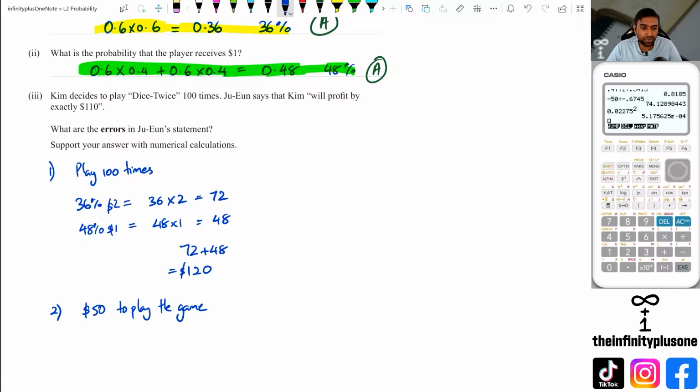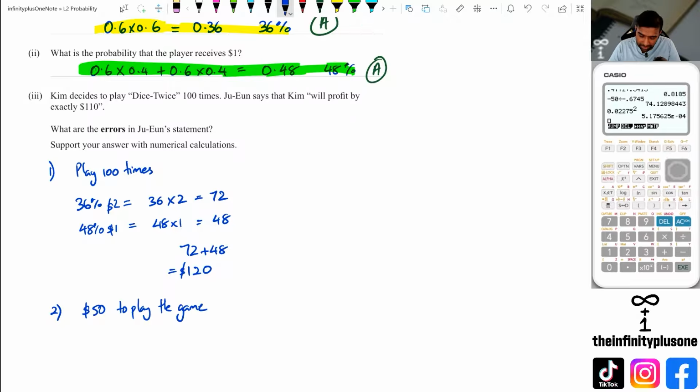But he spent $50 to play the game, which means theoretically he's probably going to make close to $70 roughly for profit rather than actually $110 profit. So again, that says that his statement is actually incorrect.